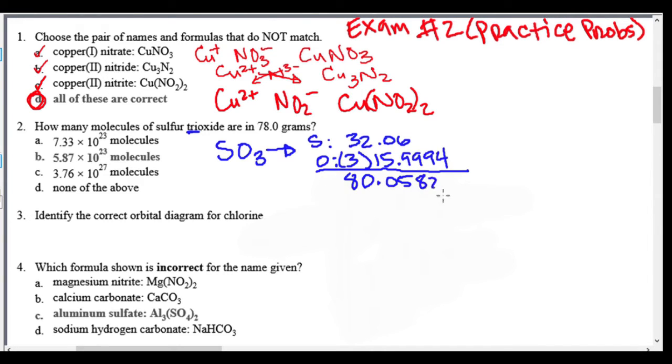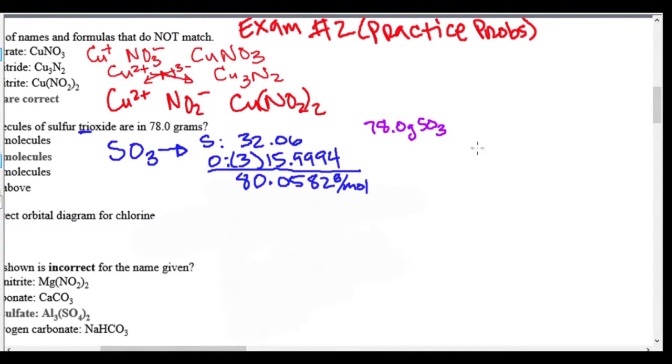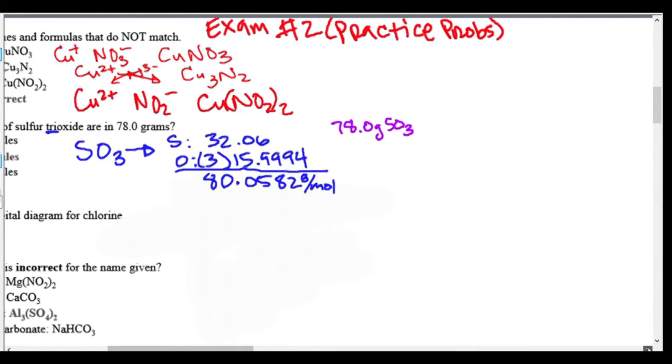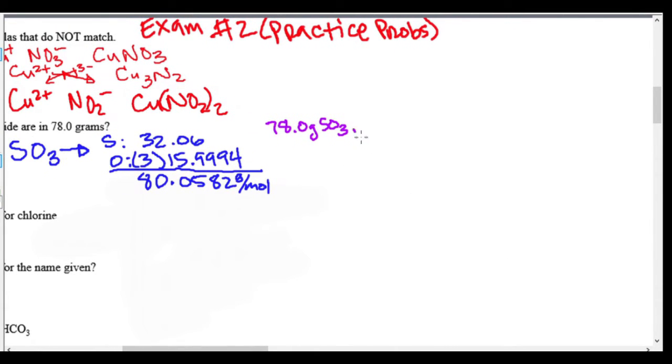Now that we have that, we need to figure out the molecules. So we take 78.0 grams of SO3 and multiply it by 1 mole of SO3 over 80.0582 grams of SO3. Then we want to find out how many molecules.